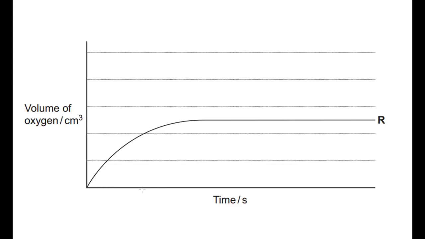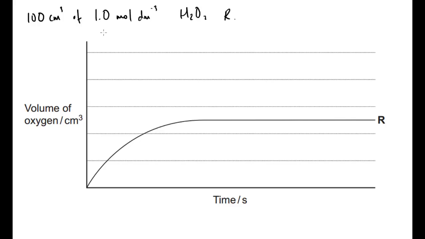Now there are a few questions that can be asked about this. So we could find that to get this curve, 100 centimetres cubed of 1 mole per decimetre cubed hydrogen peroxide was used. And that's what gave the curve R. Now let's think, well, what would happen if I were to use a different concentration?